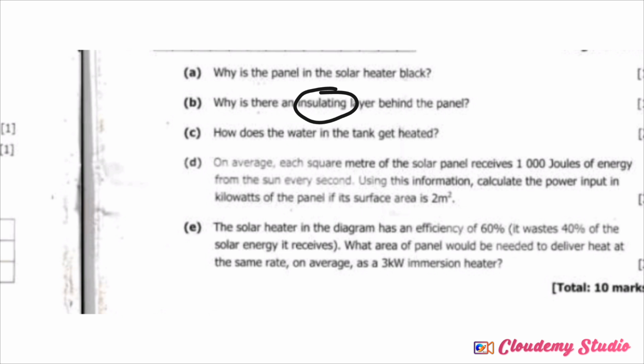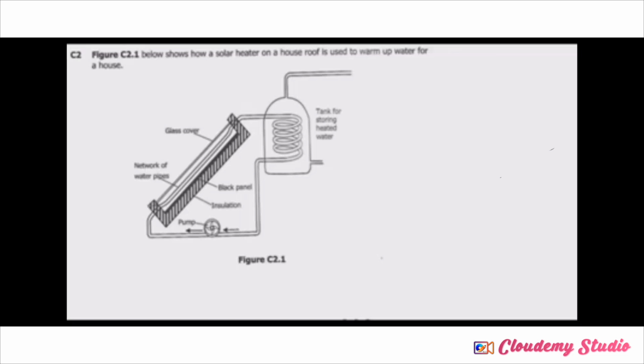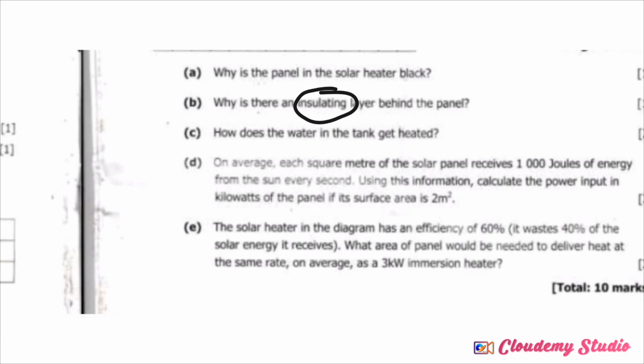And the water on the surface, when heated, transfers heat to other water molecules in the tank, so by convection also, heat is transferred and the water is heated. So the water is heated by conduction and convection.